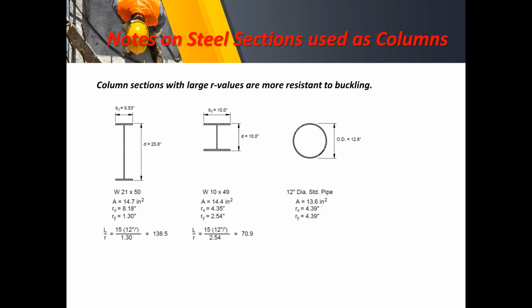Given that the divisor here is the radius of gyration, we're going to use the lesser value for r. So on the third steel shape, we have L over r equal to 41.1.